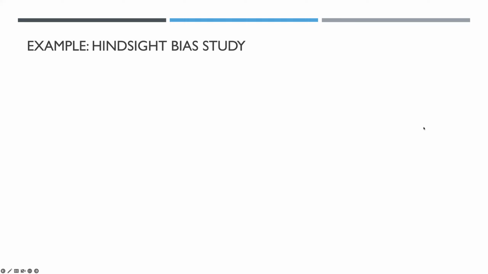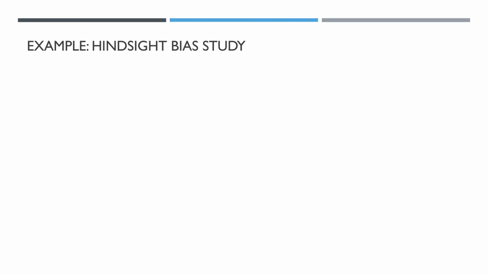Hindsight bias is a phenomenon in psychology, and I'll be using this in the phenomena versus theory video as well. We've talked about this briefly, but hindsight bias is the idea that when we know the outcome of something, so we know what happened, we tend to overestimate our ability to have predicted that outcome.